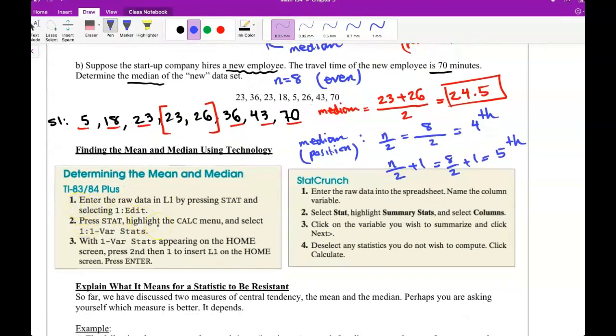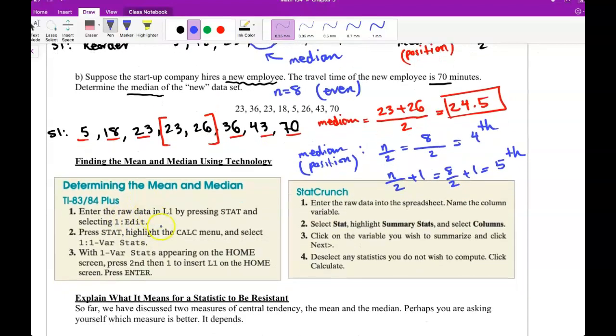We want to enter our data in L1 by pressing stat. So the first step is use your TI-84 and press stat. Okay, I want to show that one.